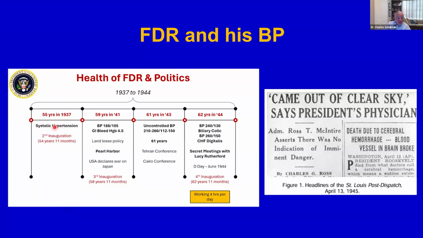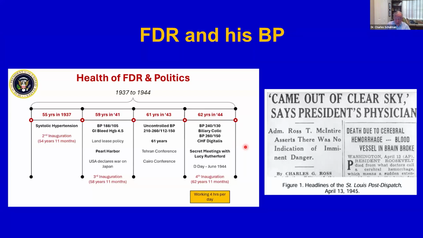He was noted to have systolic hypertension at the age of 55 at the time of his second inauguration. 4 years later, his blood pressure was 188 over 104. 2 years after that, it was 210 to 260 over 112 to 150. And in 1944, it was 240 over 130 and 260 over 150, and he had heart failure.